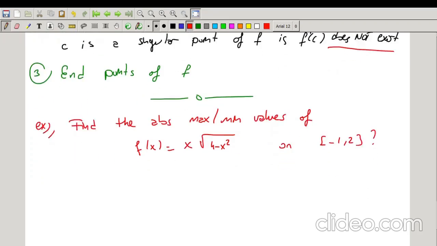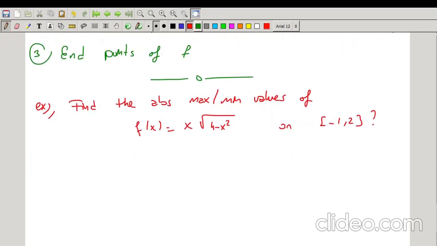Okay, first of all, for this type of question, you must note that you are given a closed interval. This is a closed interval, and we have to check whether f is a continuous function or not.